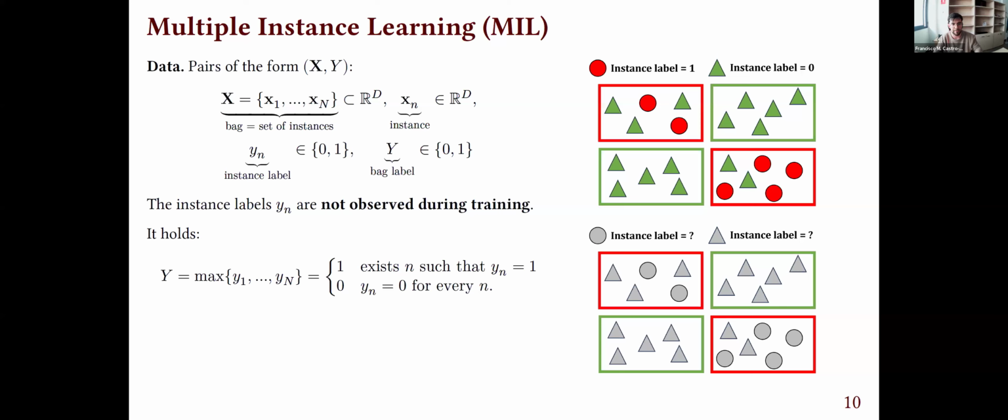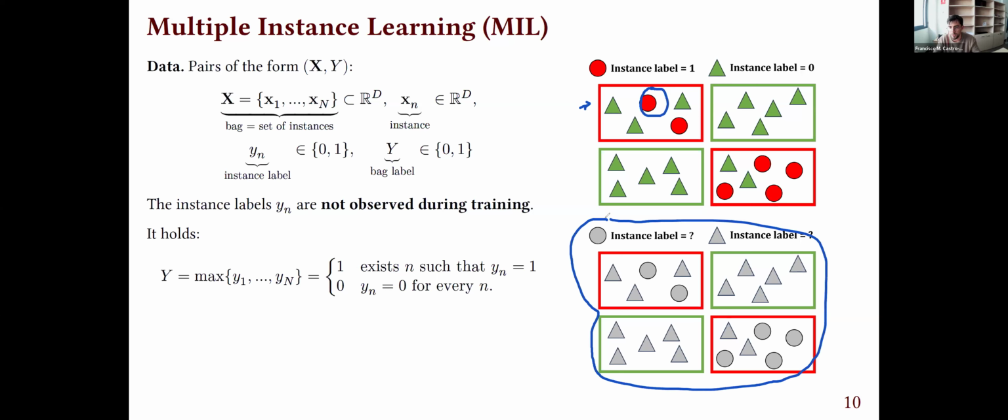As I explained before, the bag label will be positive, will be 1, if at least one instance is positive. For example, in this example here, this red box is red. Why? Because there is at least one positive instance. And what we observe at training time is this: we don't observe the instance labels, we observe the bag label.